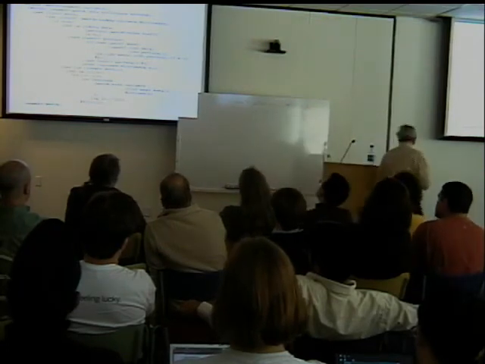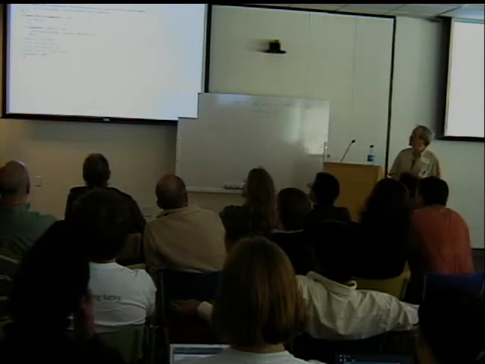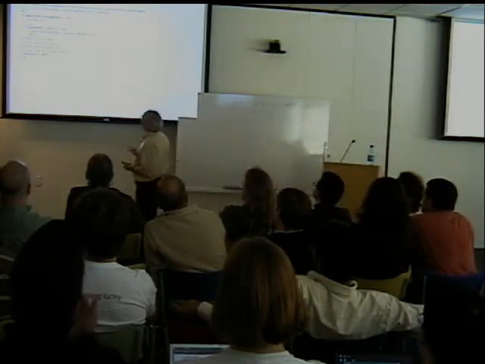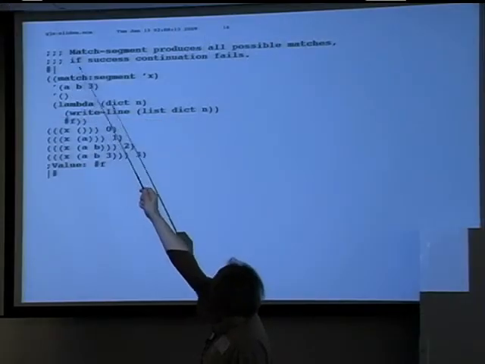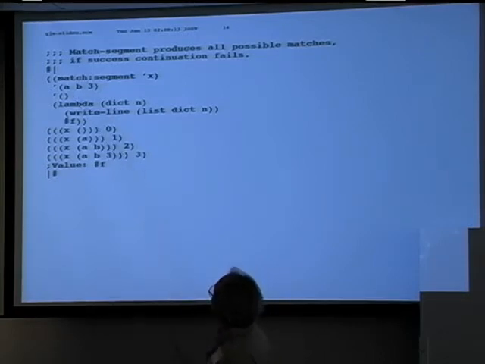And indeed, once you see this, I have here just an example to show you. If I want to match the variable x against the list of things a, b, and 3 with the empty dictionary, this is on slide 14.